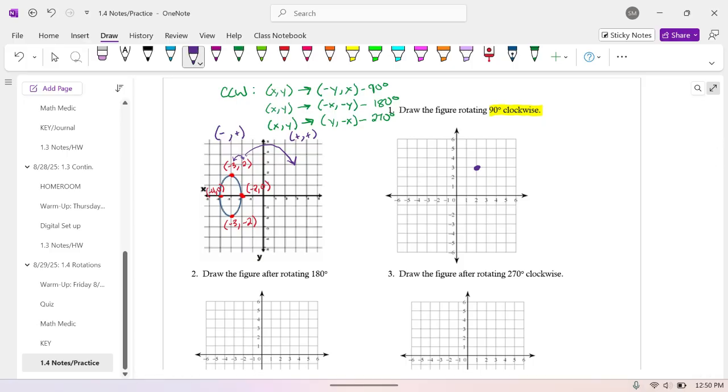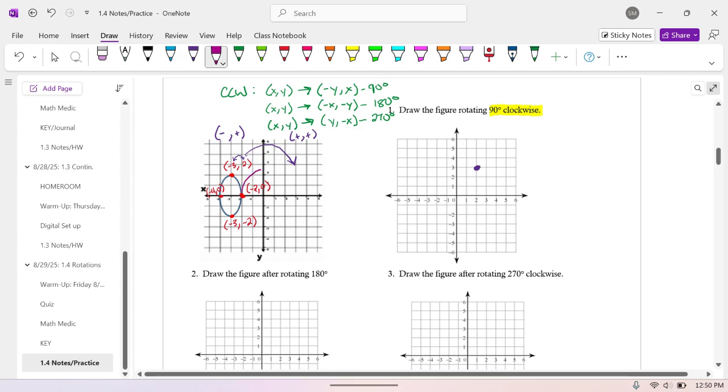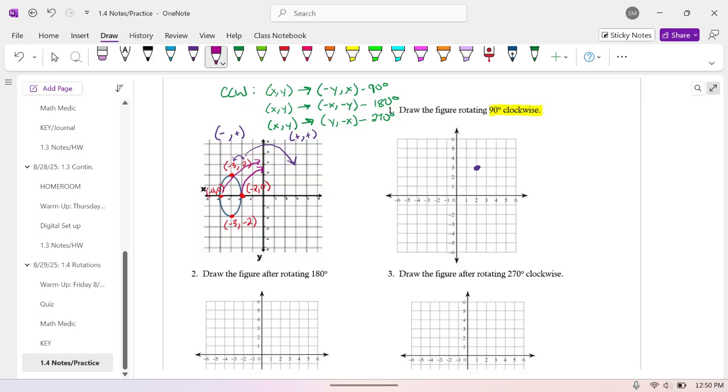Now, for the points that are on the x-axis, if we rotate them 90 degrees, they're going to end up on the y-axis, specifically the ones that are positive. So notice if you rotate both of these points 90 degrees, they're going to end up somewhere right here on the positive part of the y-axis. So I'm going to switch the x's and the y's.